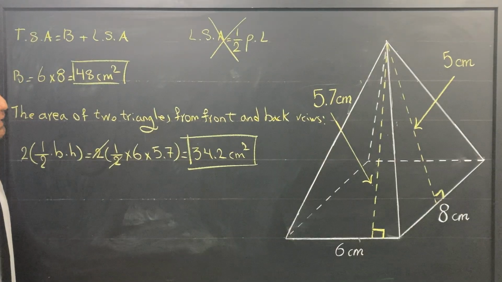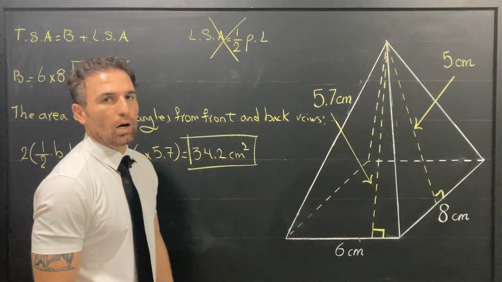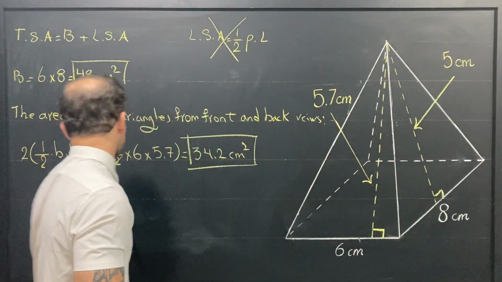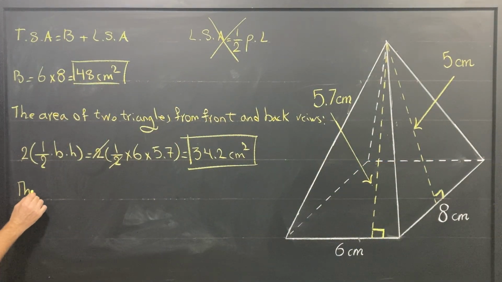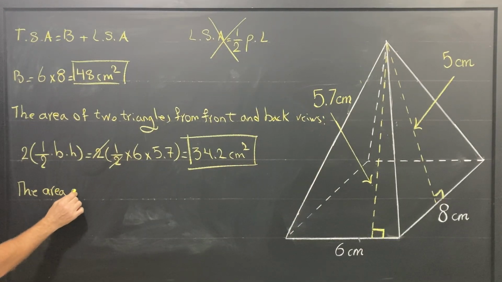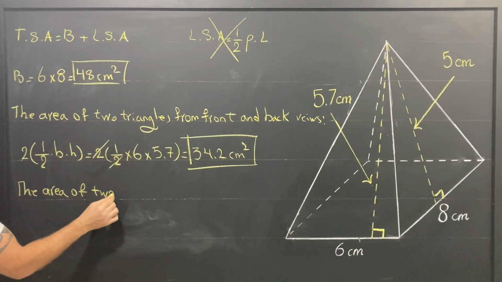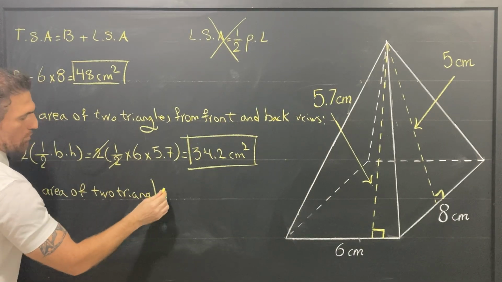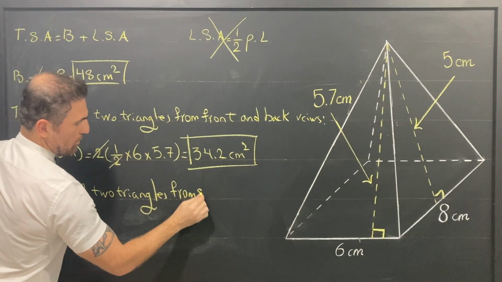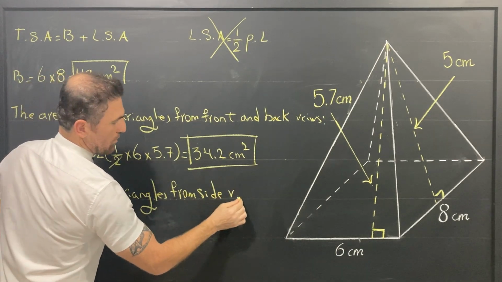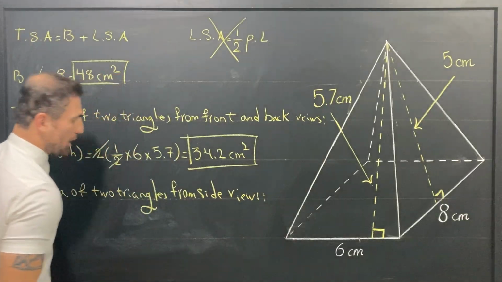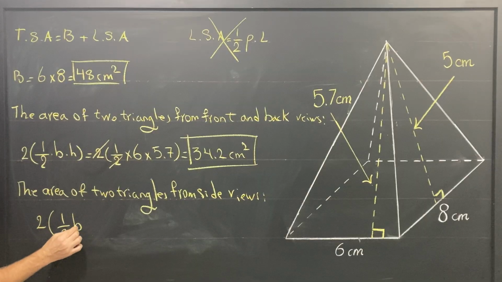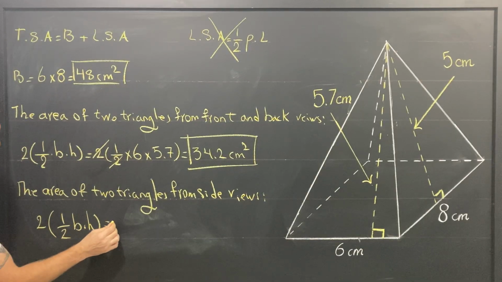Now I'm going to continue the solution by the area of two triangles from side views. I mean left one and right one. We have two triangles, so I write 2 here, 1/2 base times height.